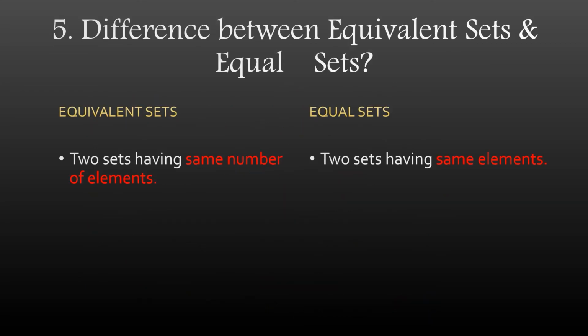Next, question number 5, difference between equivalent sets and equal sets. Equivalent sets are those sets having the same number of elements, and equal sets are those having the same elements. The difference in these two definitions is this number. Let's see how. In case of finite sets, two sets are equivalent if they have the same number of elements.